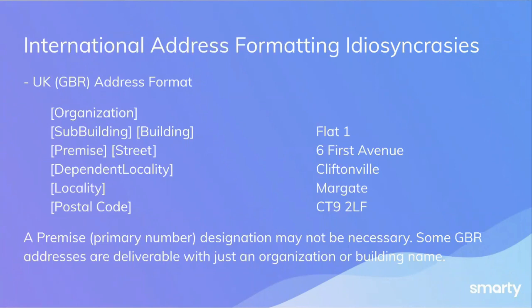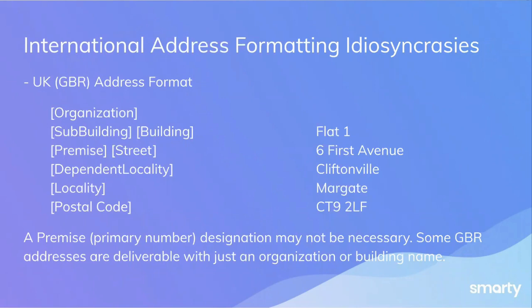Locality is typically the city, and then a postal code. And we're going to talk about specifically UK postal codes and Canadian postal codes in more detail, and what the postal codes really mean, because they're a complicated postal code system, but it's actually pretty cool once you get to know what they're about.